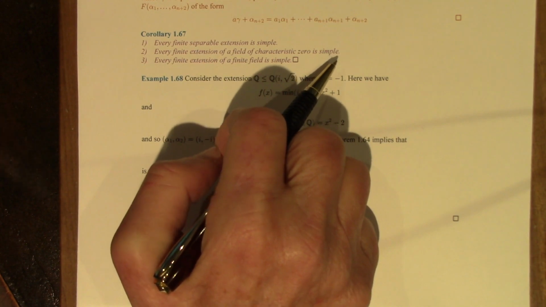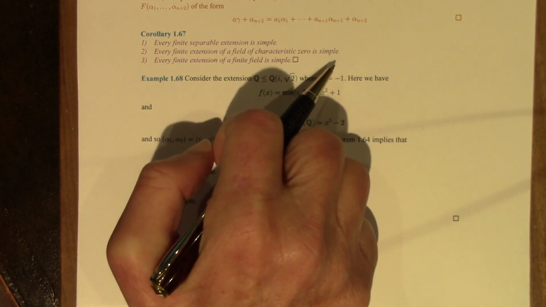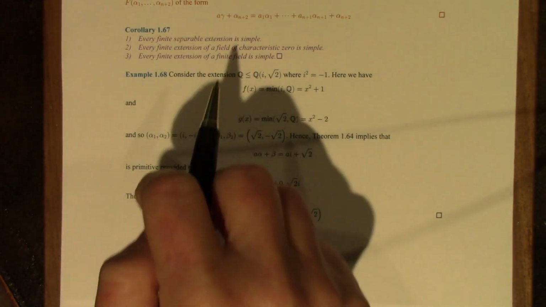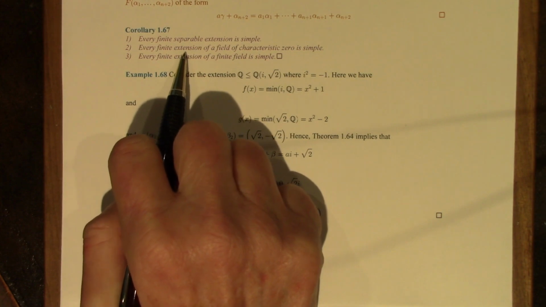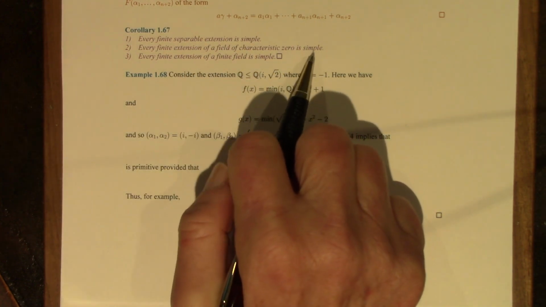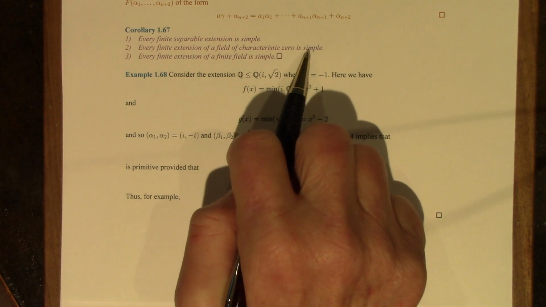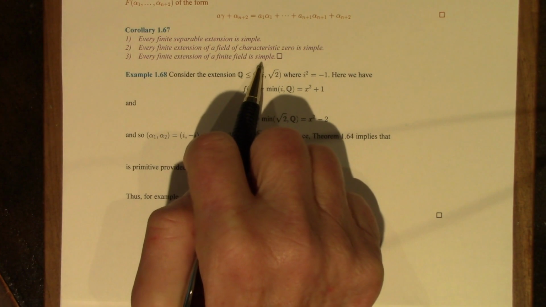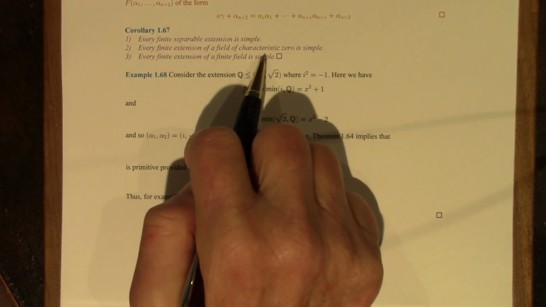So if in your study of field theory, which I think may happen in some elementary cases, the assumption is made that all fields have characteristic 0, that eliminates finite fields and more anomalous fields, but it does include most of the well-known fields. Then finite extensions and simple extensions are equivalent concepts. Okay. Every finite extension of a finite field is simple. That was part of the previous theorem, actually.